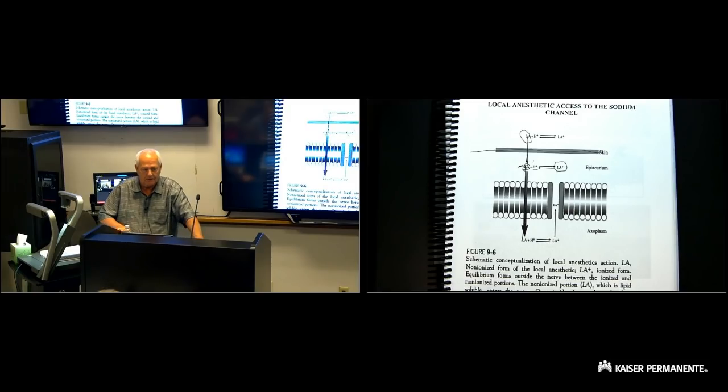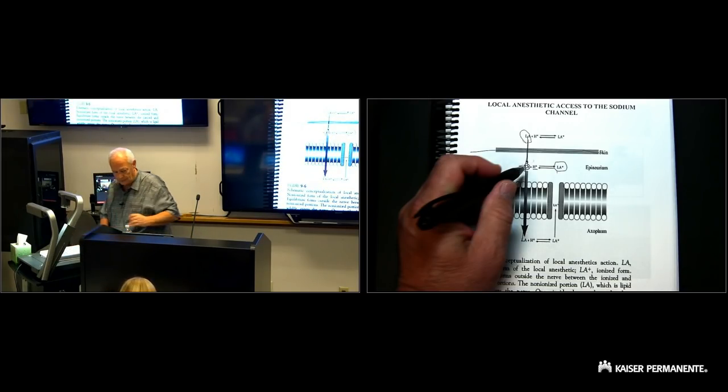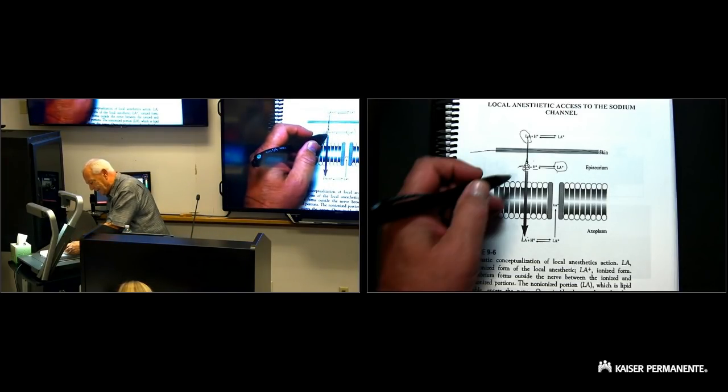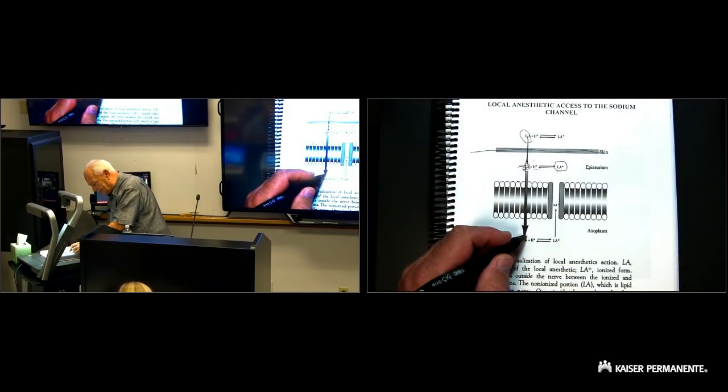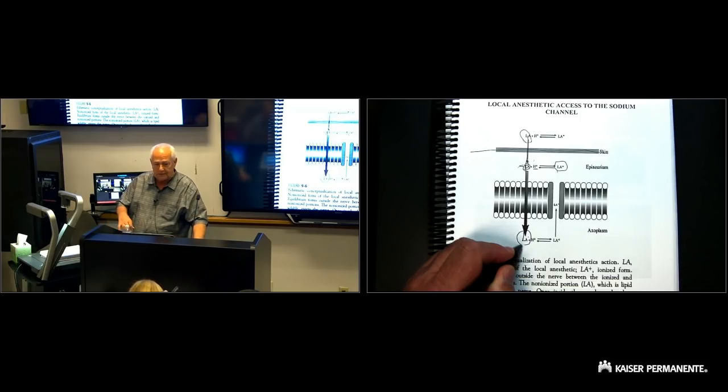Non-ionized are lipid soluble. So in order for the local anesthetic to get to its receptor, it's got to penetrate the nerve, first and foremost. So it's the non-ionized fraction that penetrates the nerve, LA. LA goes through the nerve membrane, gets inside the nerve, and there you have the local anesthetic.